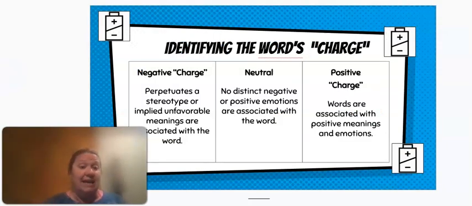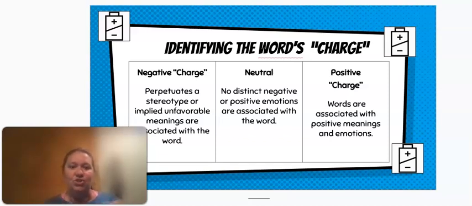So just as words can have a negative connotation, they can also have a negative charge. And this is where loaded words can actually hurt your argument. They might perpetuate a stereotype or use unfavorable meanings. They can incite your audience and they might quit reading. So if you're trying to reach a specific audience, especially an opposing viewpoint, see how your authors handle that.